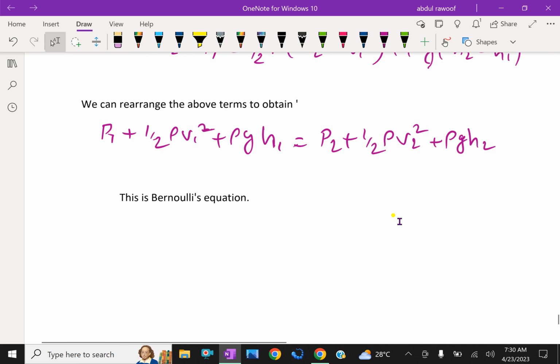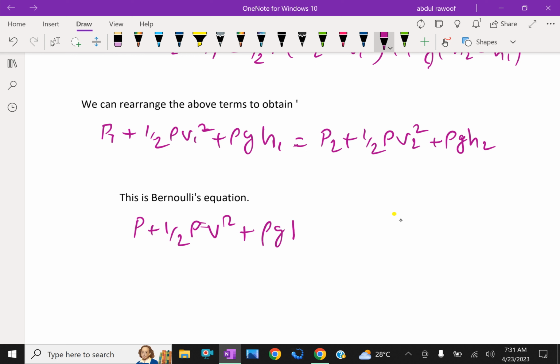With further simplification, we can write P plus half rho v squared plus rho g h equals constant. Generally, Bernoulli's equation is pressure plus half rho v squared plus rho g h equals constant.